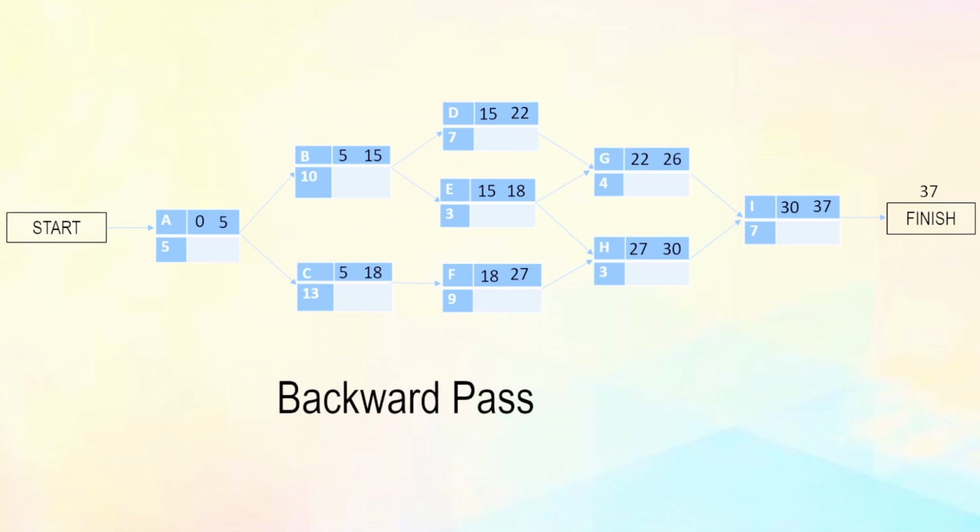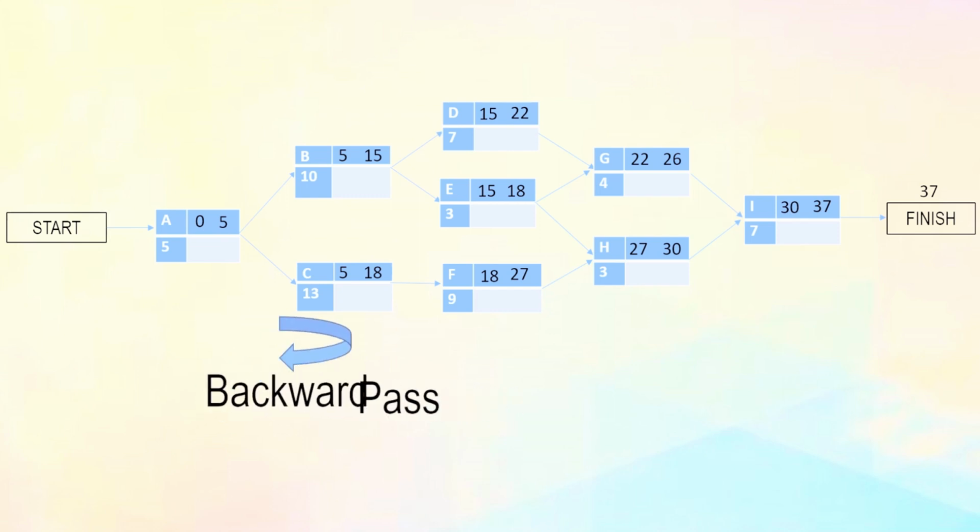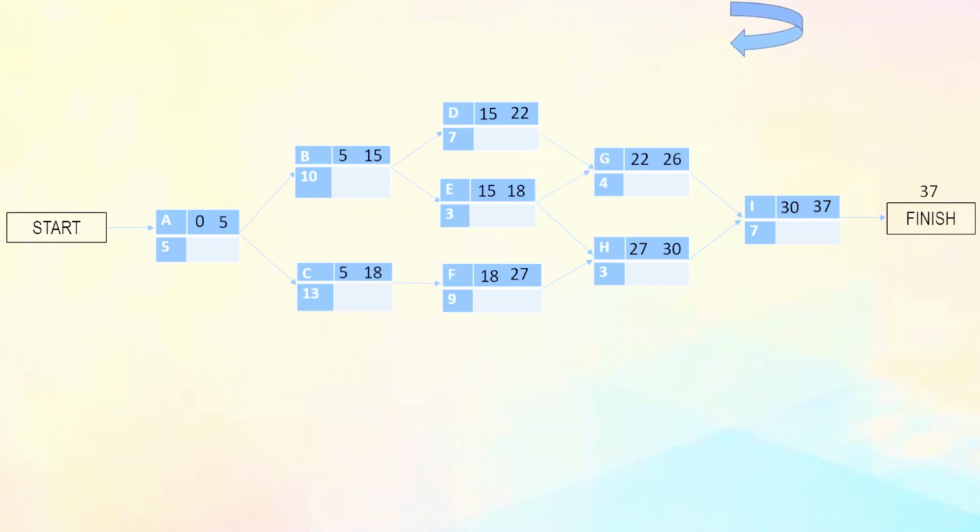For G, the latest start will be 30 minus 4, and that gives 26. For F, the latest start will be 27 minus 9, and that gives 18. Now E has two predecessors, which is H and G. Their latest start times are 26 and 27 respectively.